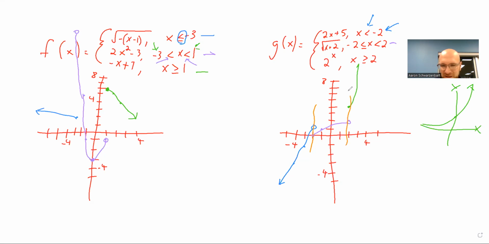Okay, I'm not getting a very good vertical line here, but you see the vertical line crosses through an open and a closed circle. It's always a good thing to check that you don't have 2 closed circles. It's possible to have 2 open, but usually they have 1 closed, 1 open. Okay, so that is piecewise functions.